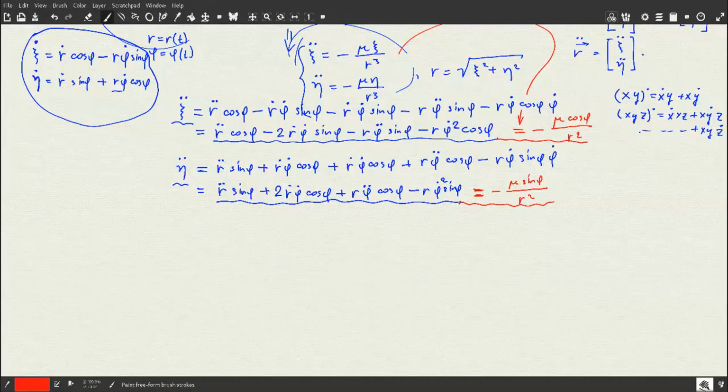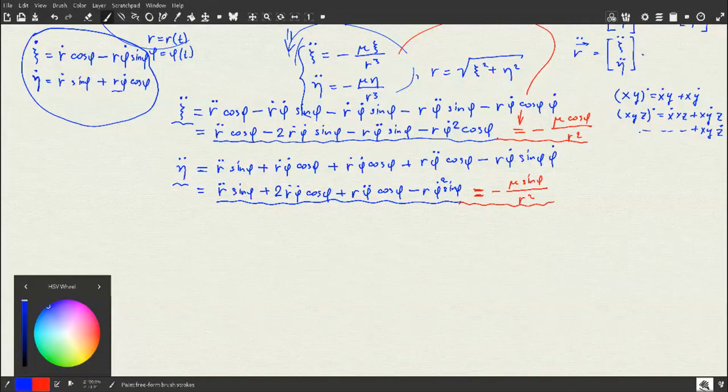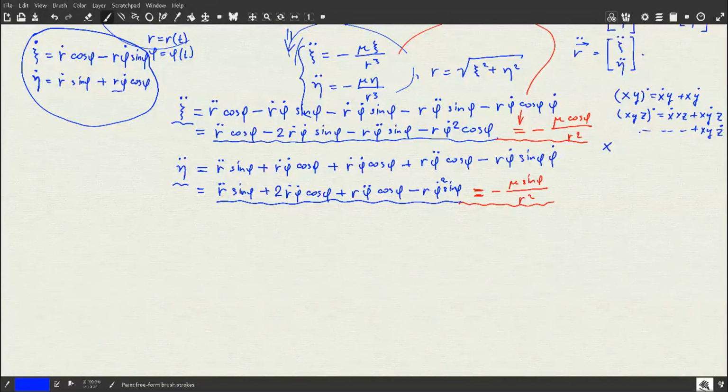So what we'll do, let us multiply the first equation by cosine phi, because we have r double dot cosine phi here. Multiply the second equation by sine phi and add them together.